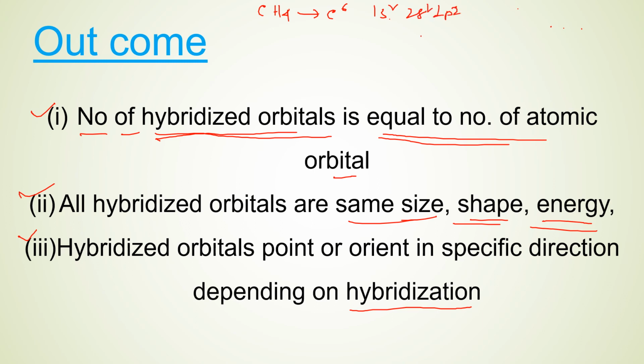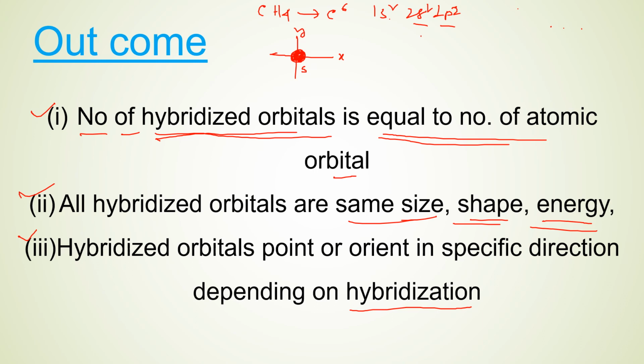Now if we draw the 2s and 2p, with the axes x and y, the s orbital is basically like a sphere. Now if I consider the p orbitals, px, py, pz, there is another axis that I have to draw.